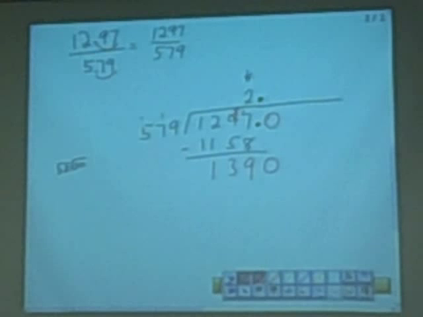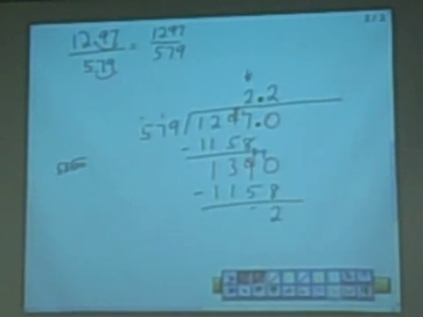Yeah, 2 again, because 3 is going to be way over 1390. So multiply 2, and again that'll be the same number, 1158. So we're going to borrow again.